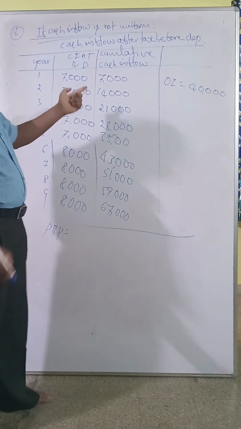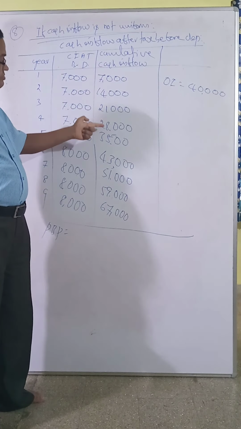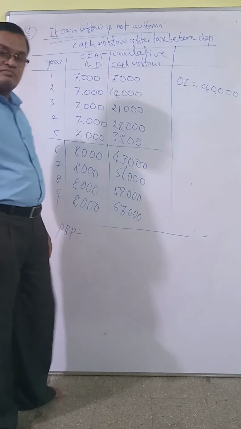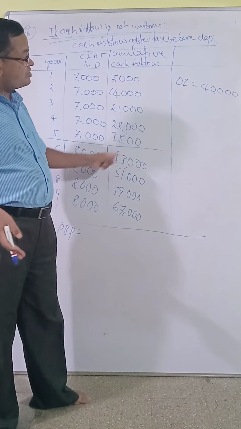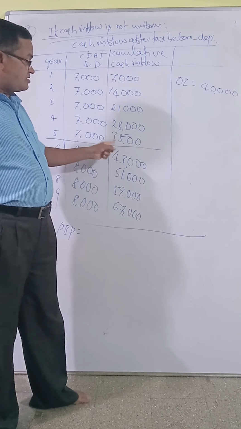You have to look at the cumulative cash inflow column. Don't take 43,000, because 43 is more than 40,000; take the lesser one, that is 35,000.